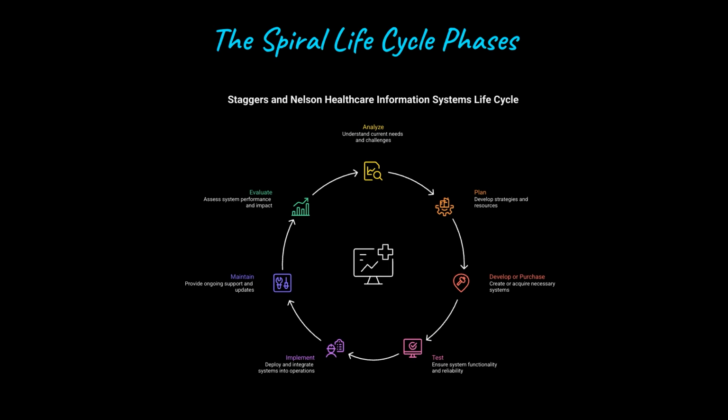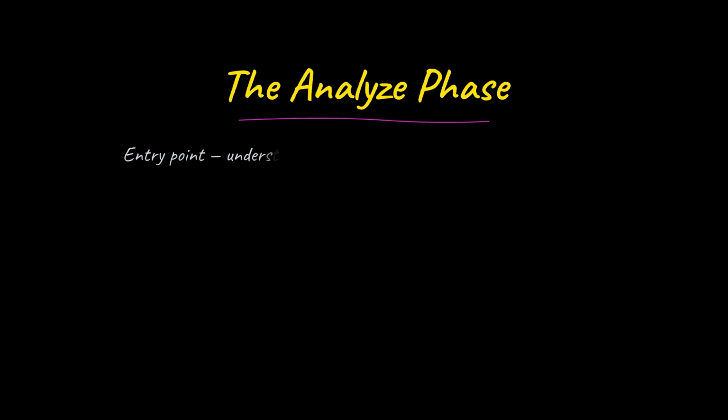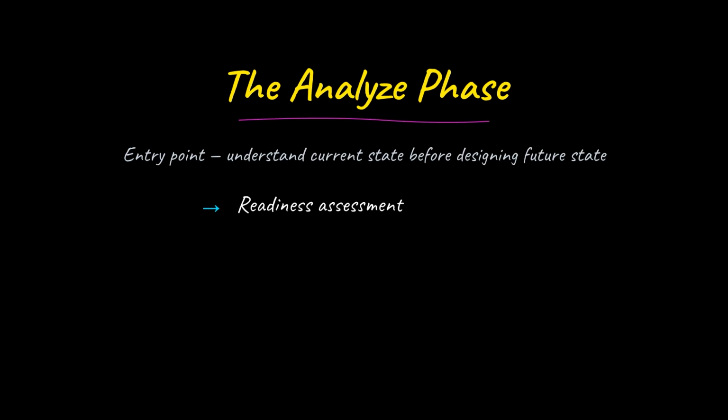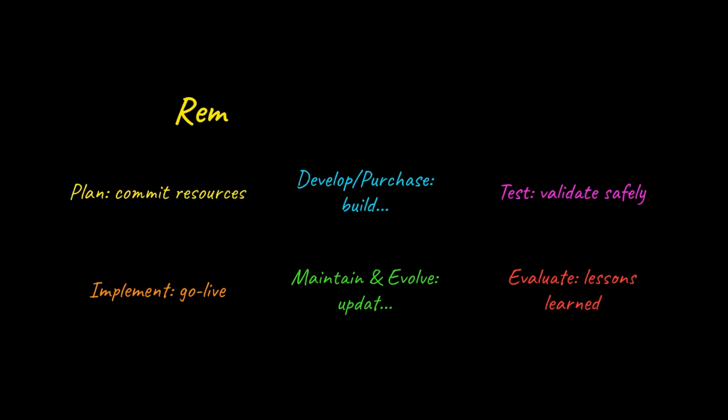The spiral then returns to analyze, not mechanically to the start, but at a higher level informed by everything learned. Analyze is the entry point. It establishes readiness, feasibility, requirements, workflows, and gaps. Shortchanging this phase means building on incorrect assumptions about how clinical work actually happens, a costly mistake downstream.